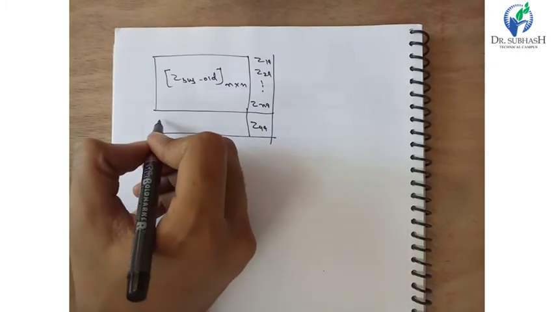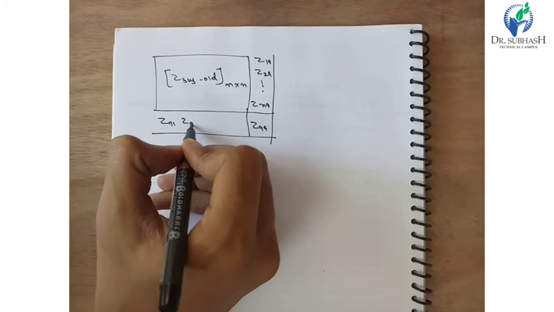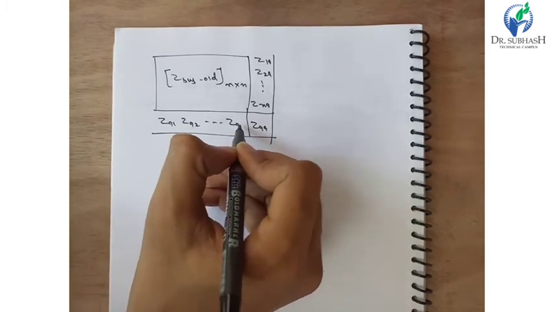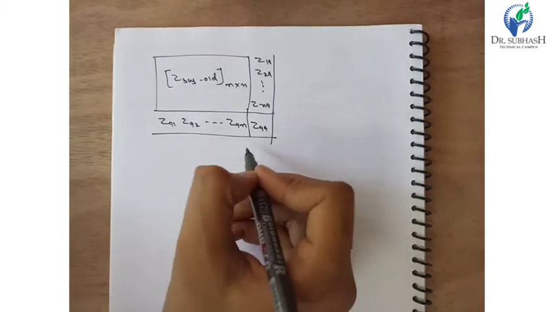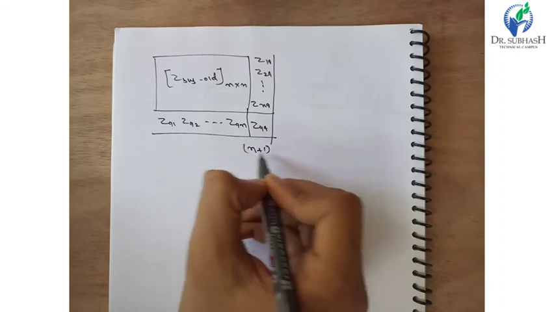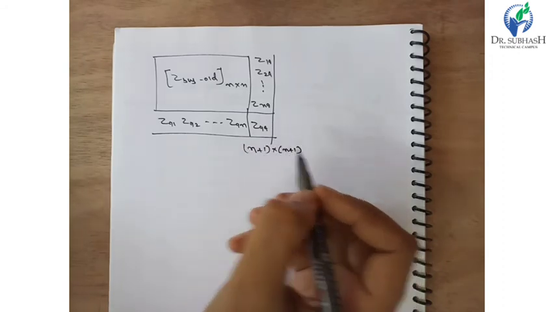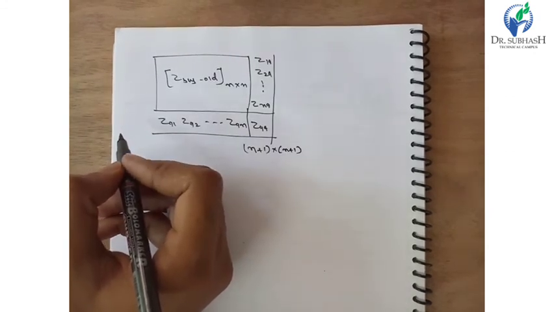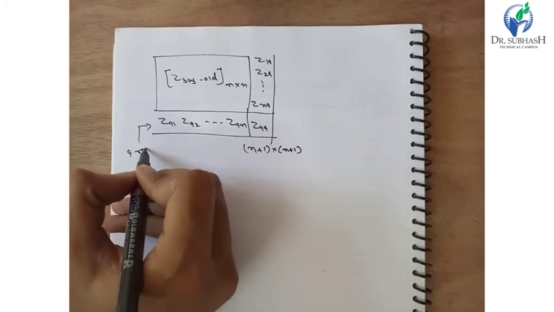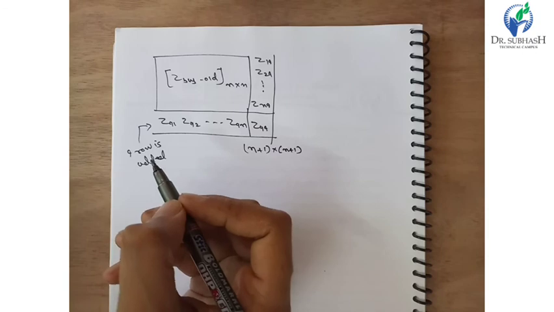In this direction, ZQ1, ZQ2 up to ZQN. This is the modification to an n plus 1 cross n plus 1 matrix. The Q row is added and the Q column is added.